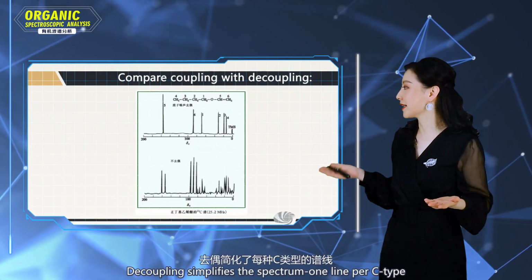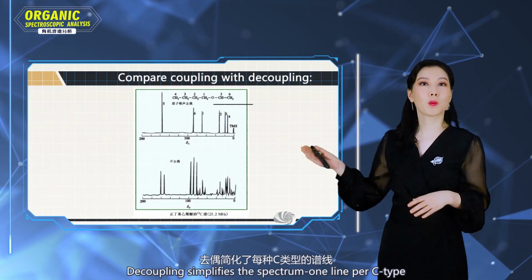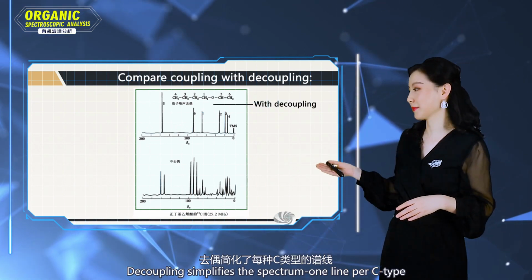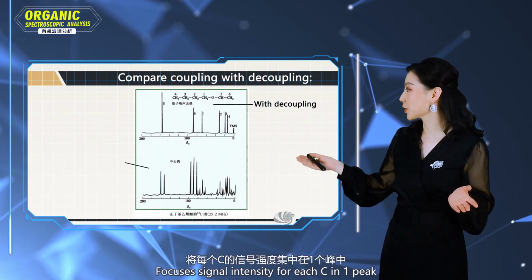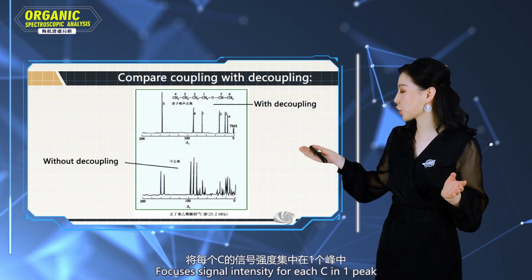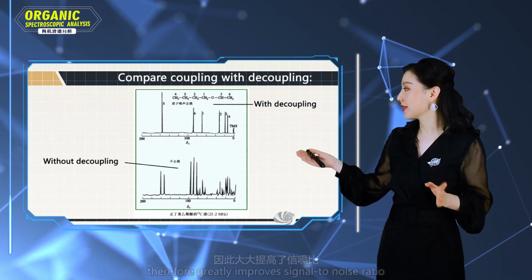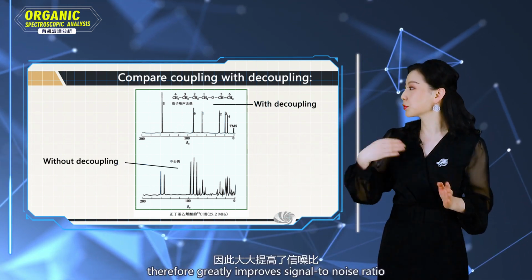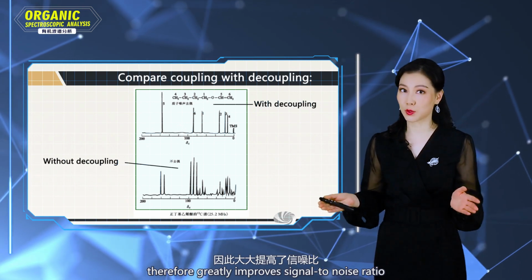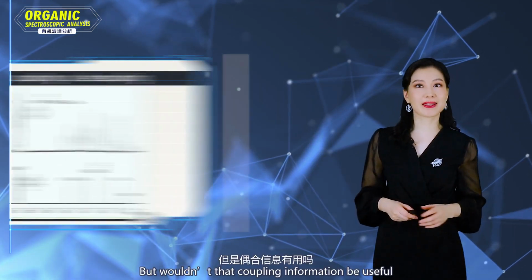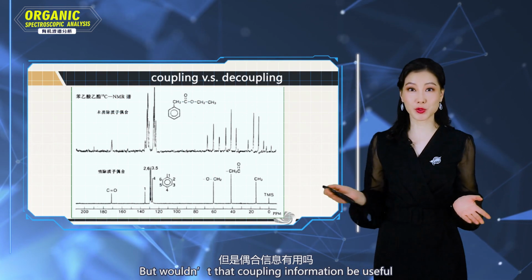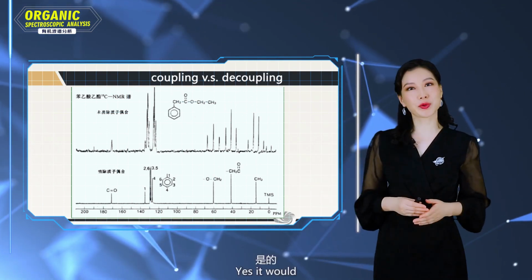Decoupling simplifies the spectrum, one line per carbon type, and focuses signal intensity for each carbon in one peak, therefore greatly improving the signal-to-noise ratio. But wouldn't that coupling information be useful? Yes, it would.